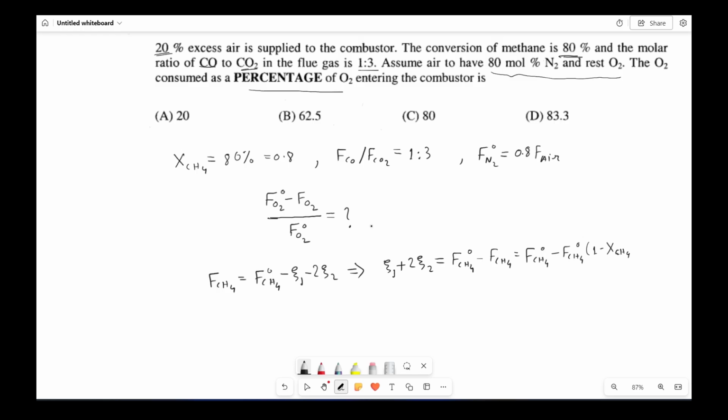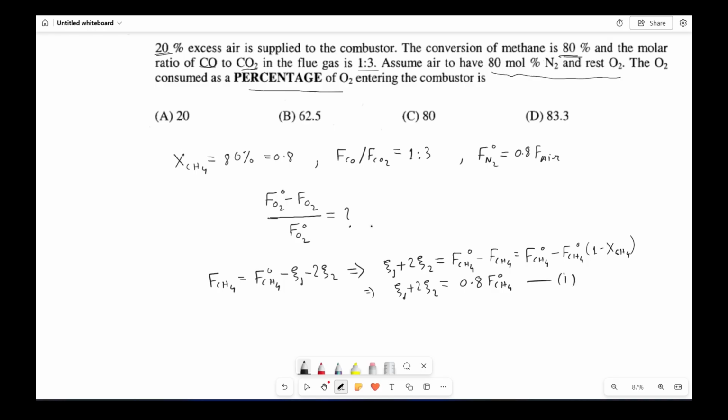Conversion is given as 0.8, so this expression will come as 0.8 FCH4 naught. So this is one equation.